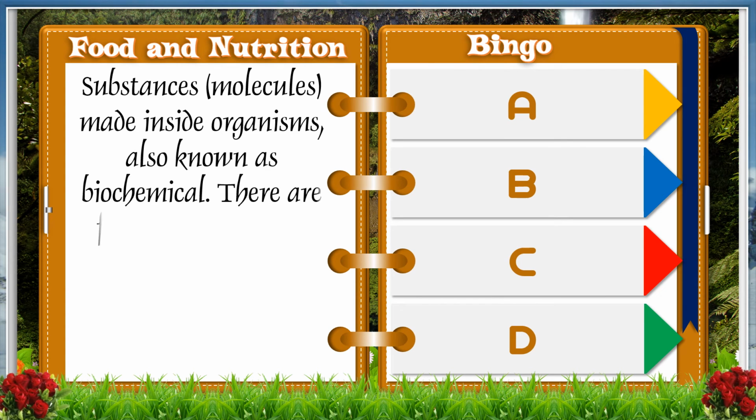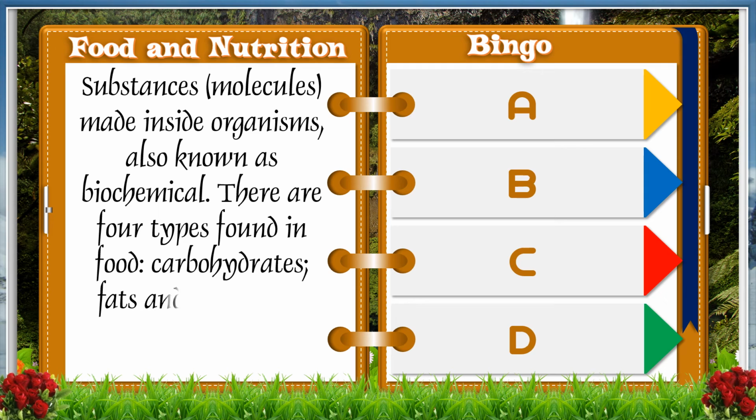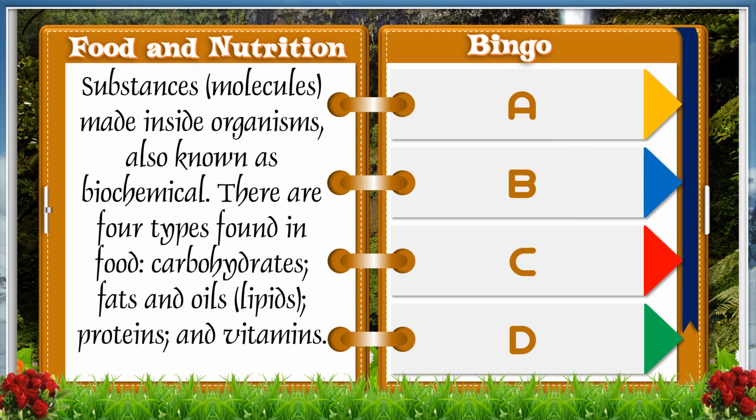Substances or molecules made inside organisms, also known as biochemicals. There are 4 types found in food: carbohydrates, fats, oils or lipids, proteins, and vitamins.